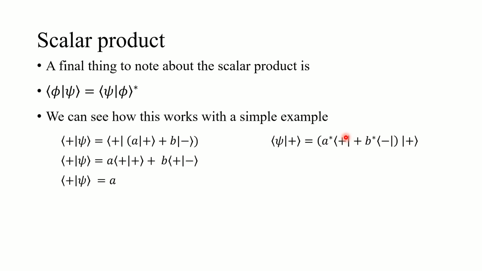Because the coefficients are now complex conjugates, we get a similar type answer, but now we have A's complex conjugate. So you can see reversing the order gives you the complex conjugate, and that's going to be something we see a lot throughout this course, so worth mentioning now.